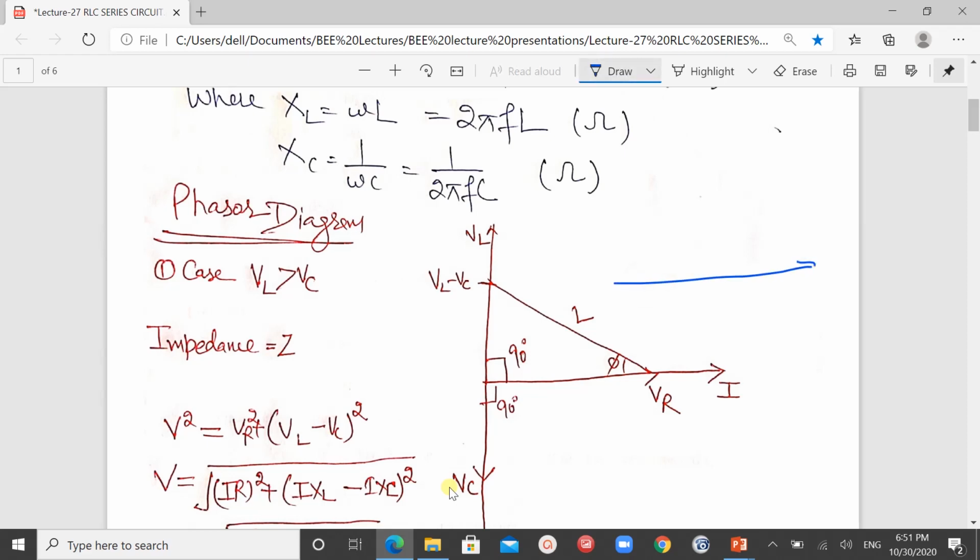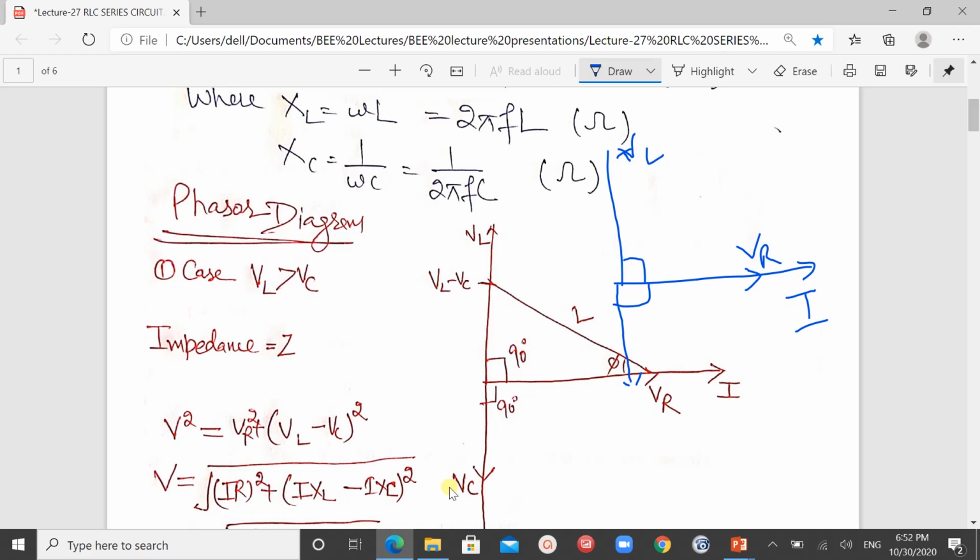On the x-axis we are having the current I, and we know that the voltage across the capacitor lags the current by 90 degree, and this is VR because the voltage in the resistance is in phase with the current, and the voltage in the capacitor lags behind by 90 degree and the voltage in the inductor is leading by 90 degree.